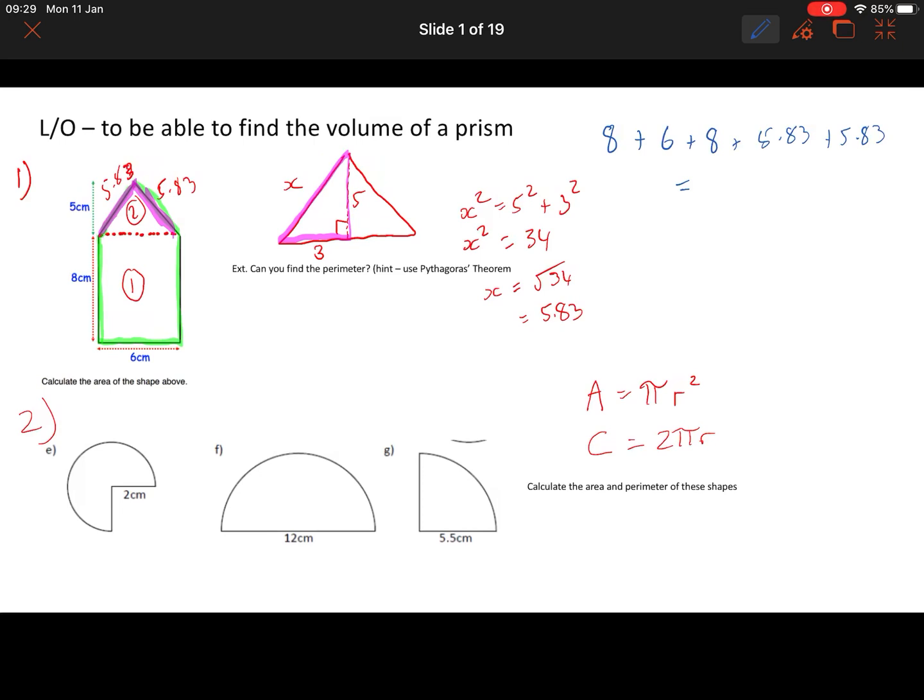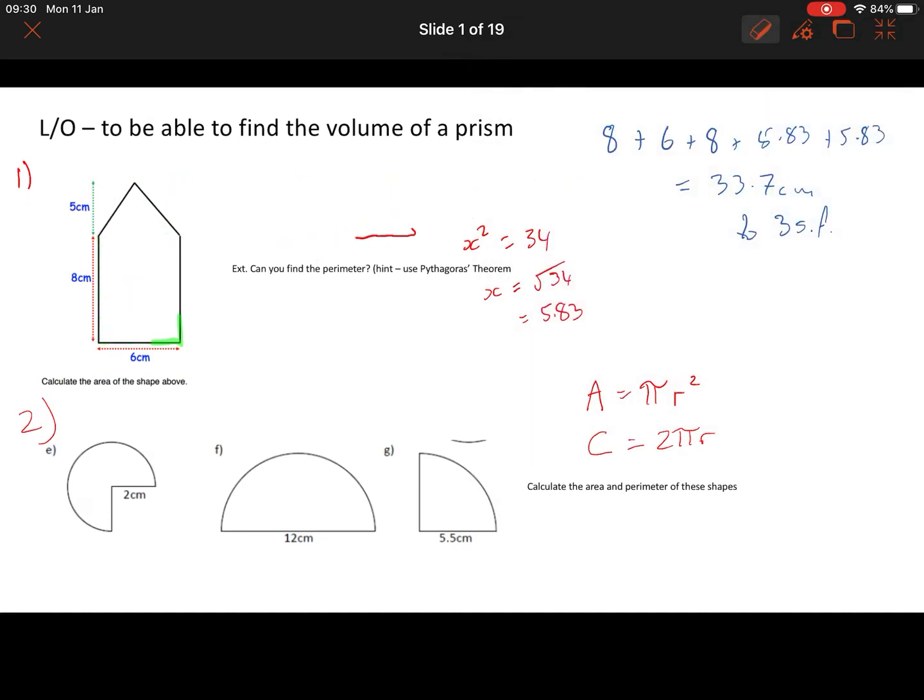All the lengths around the outside of the shape added together. 8 plus 6 plus 8 plus 5.83 times 2 gives me 33.7 centimetres to three significant figures. Round off your answer to three significant figures. Okay? Right, so that deals with question 1.